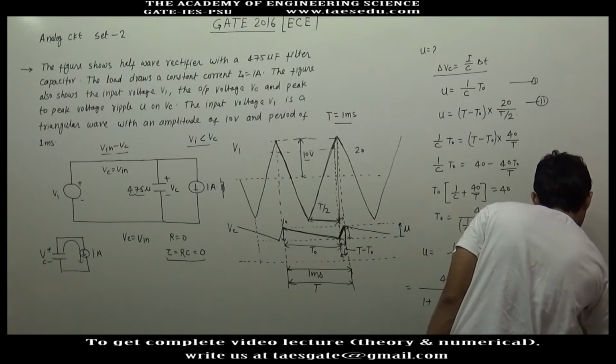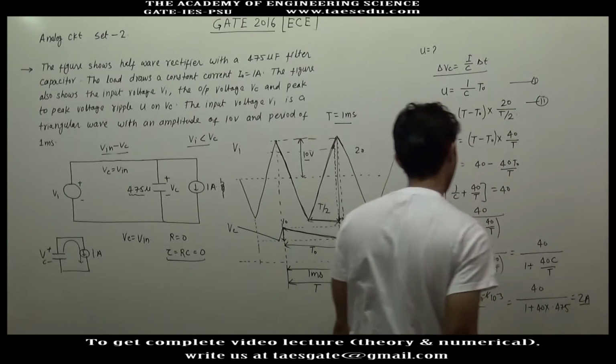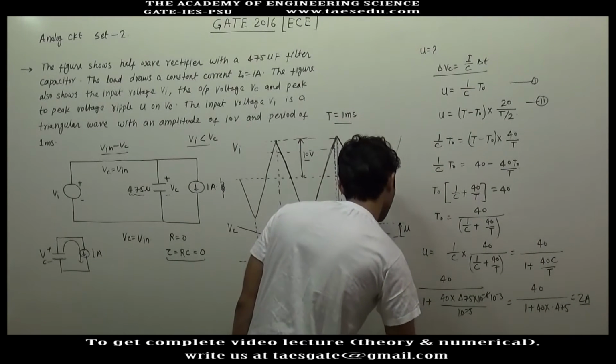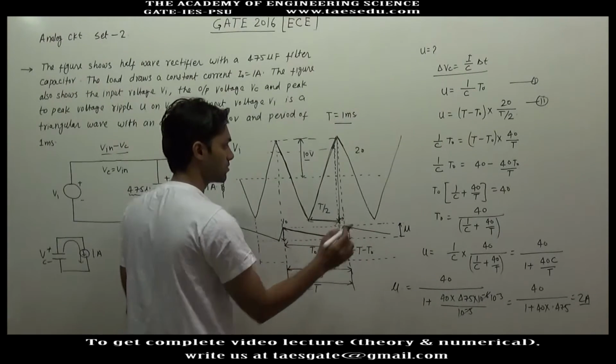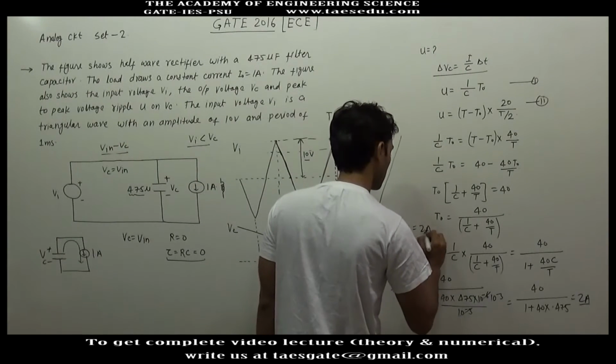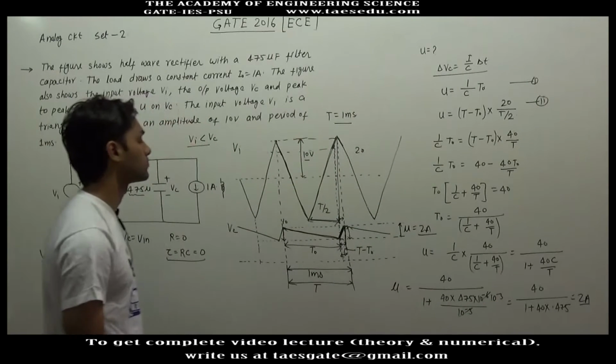So this will give you exactly 2 ampere. So the peak to peak ripple U is equal to 2 ampere, which will be the answer.